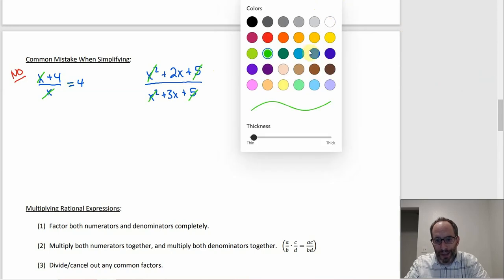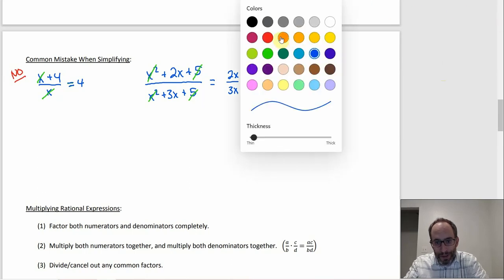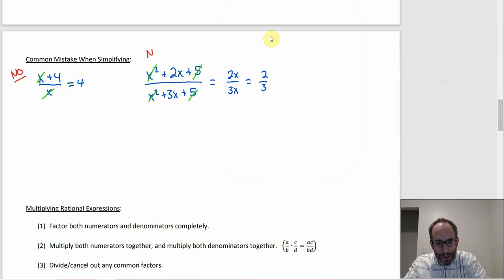And then to say that this is going to be 2x over 3x, or 2/3. So this is another no. So there's the red, no. All right, so again, the x squareds and the 5s, they're getting canceled. They're parts of sums, not products, and that's why it doesn't work.